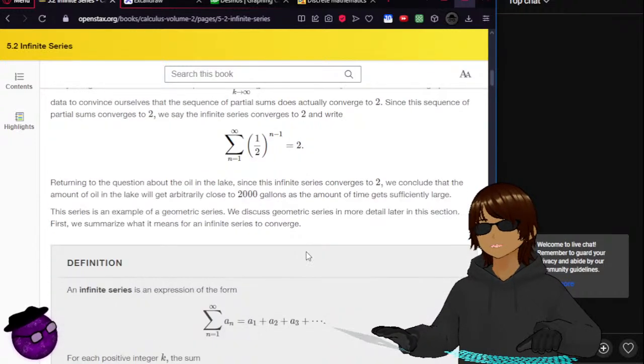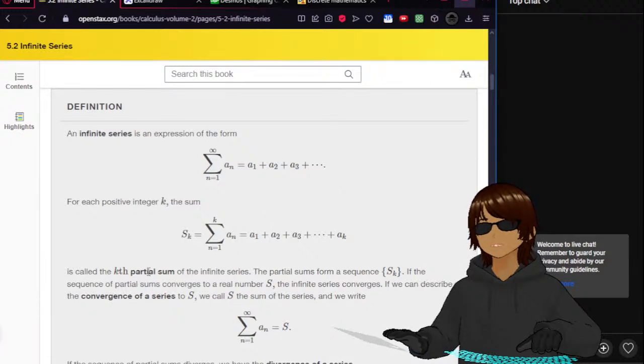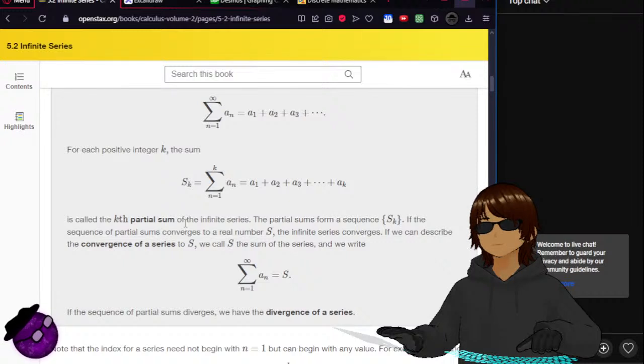The sum to infinity is 2. An infinite series is an expression of a1, a2, a3 and so on. For each positive integer k, the sum s_k is called the kth partial sum of the infinite series.